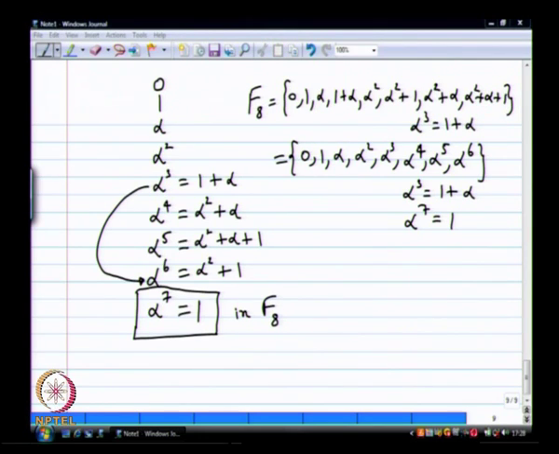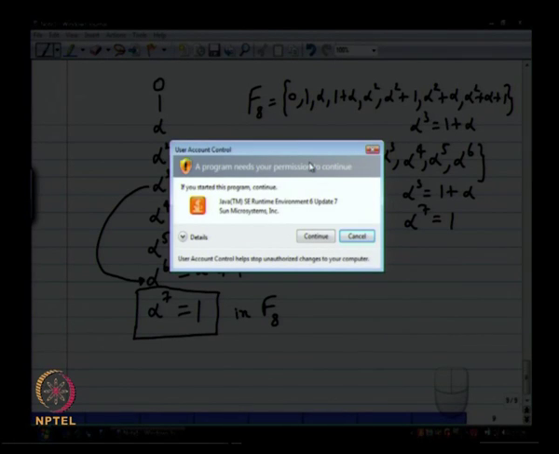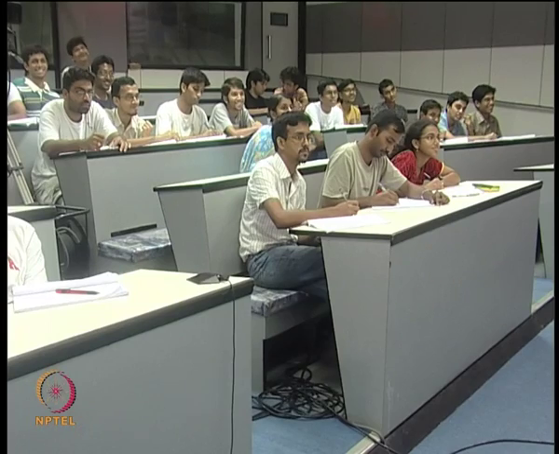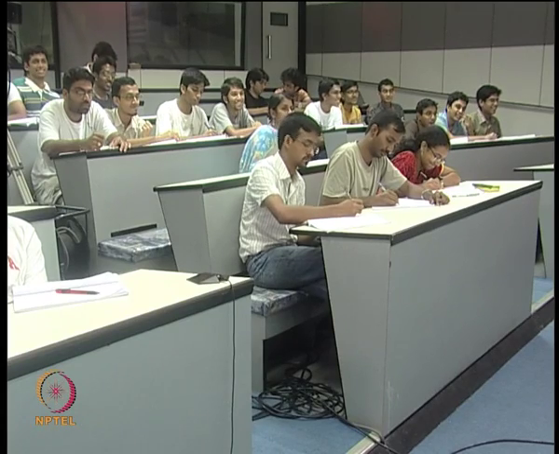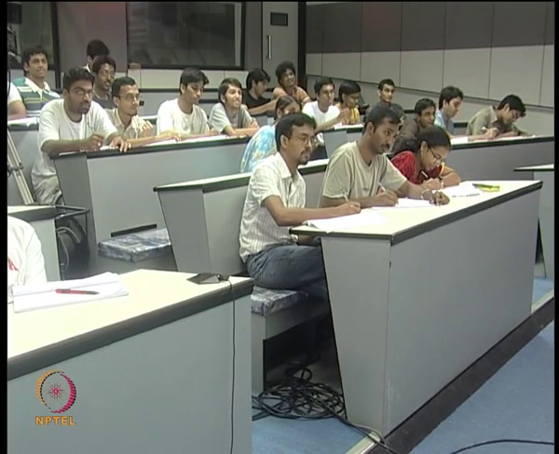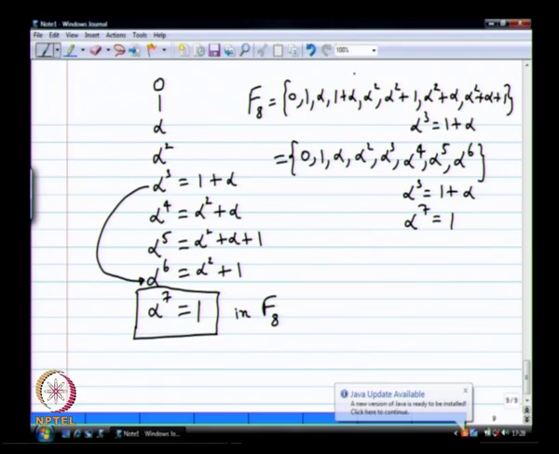So what is so nice about having 2 different ways of writing F8? If you have to do addition and multiplication by hand, in the top notation, which operation is easy and which is difficult? Addition is very easy, but multiplication is a little bit more difficult.